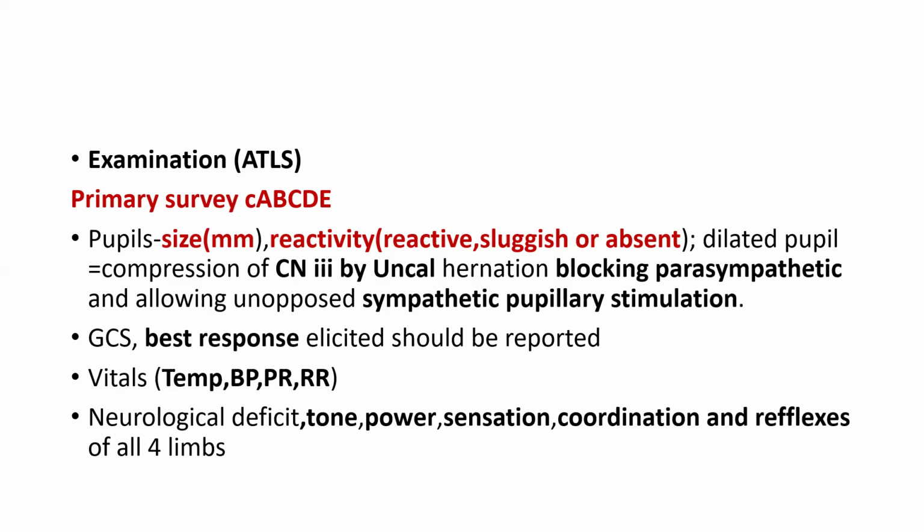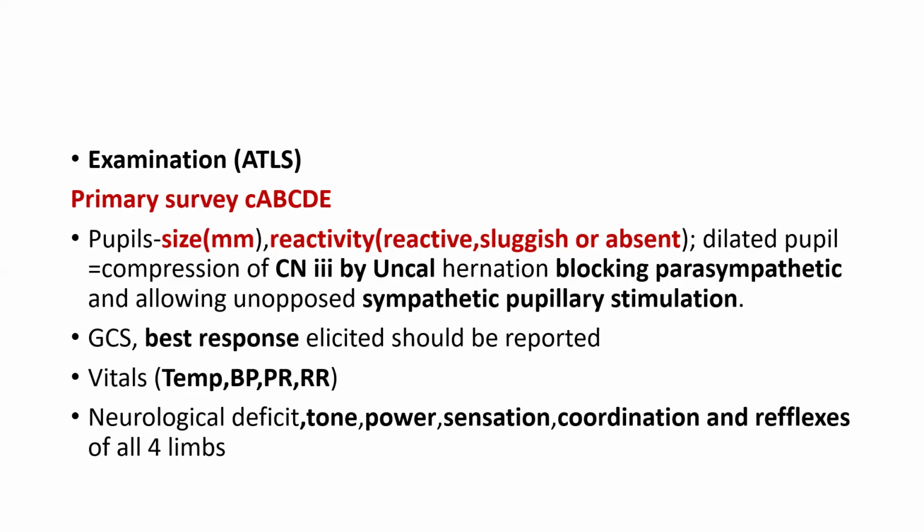Yes, so we assess the pupils. We are supposed to measure the size in millimeters, assess the reactivity of the pupils, and report whether they are reactive or whether the response is sluggish or whether there is no reaction at all.